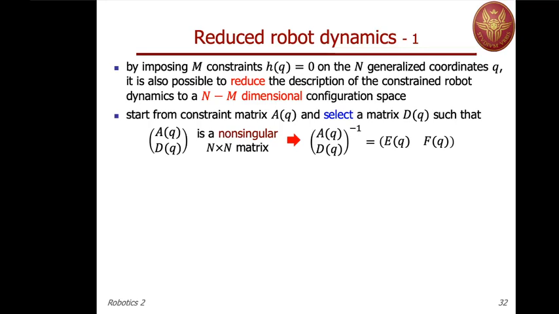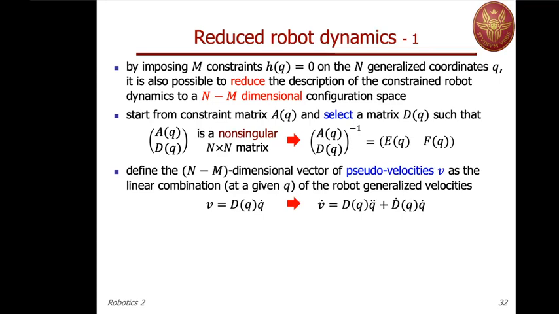You can have the numerical expression. However, if you have only the numerical expression, you cannot imagine working with derivatives of these functions, as you would if you had the analytic expression of the columns of the inverse, E of q and F of q. And this will be apparent later on in the development, why I'm making this consideration now.